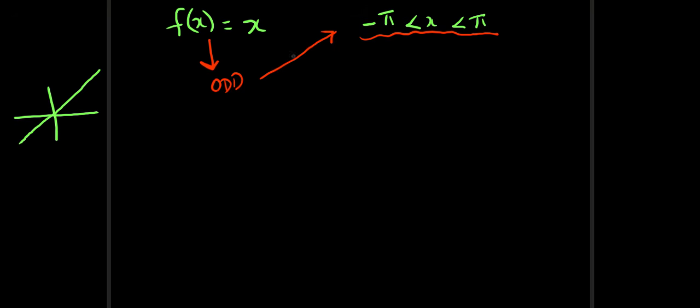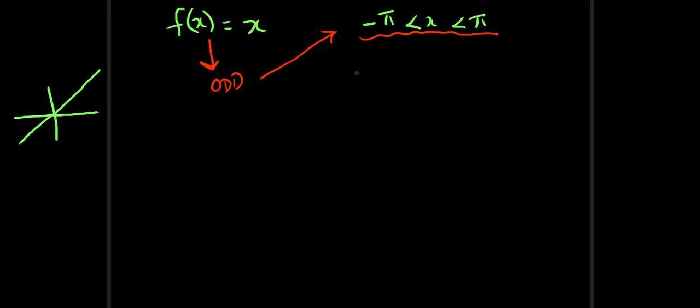As always, I hope you watched the first video where I explained how to find the length and how to find the Fourier series of functions. If you didn't watch the first video, then pause this video right now and check it out.